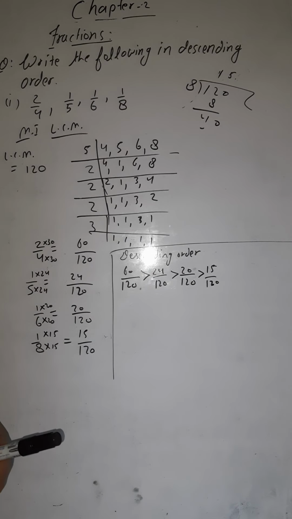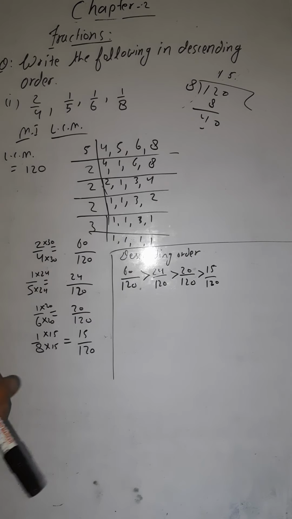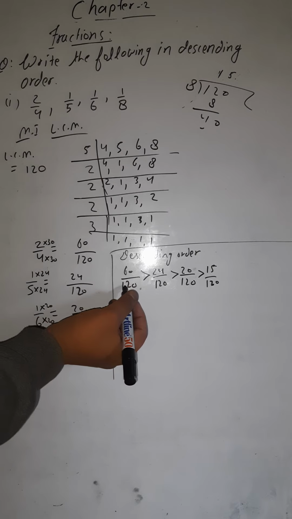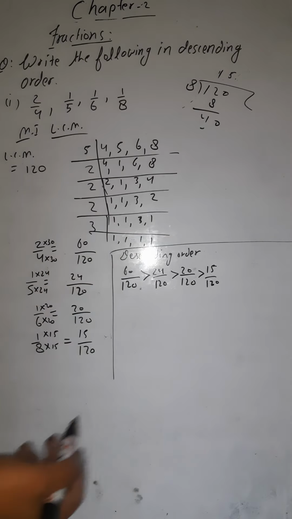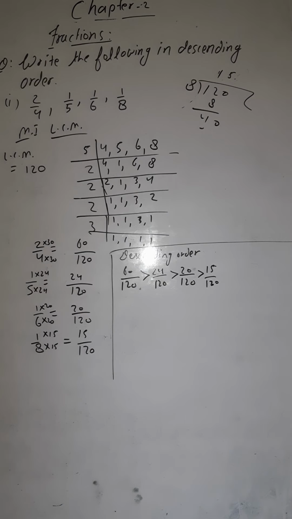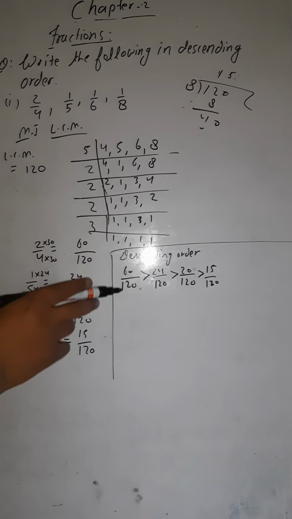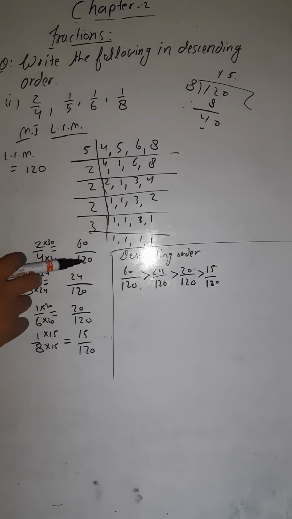As you are writing the fractions in descending order, the first one will be greater than the fraction which is coming after that. Okay. Now 60 by 120 is which fraction? 2 by 4.